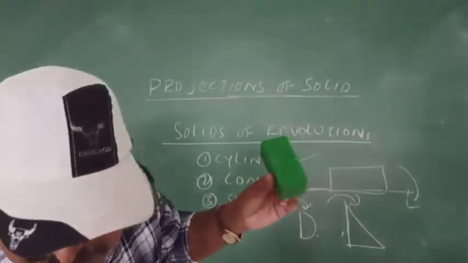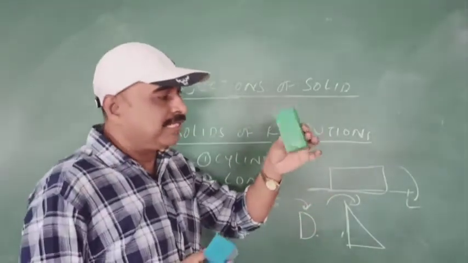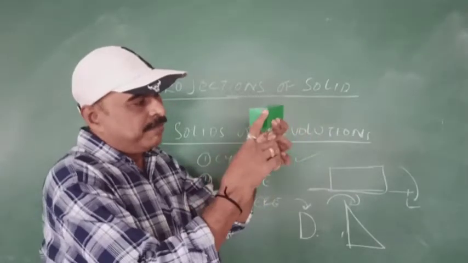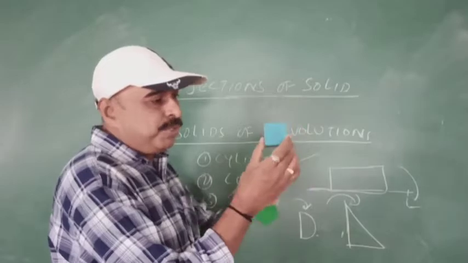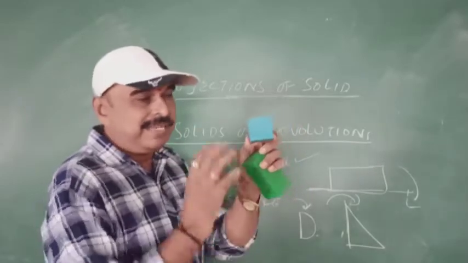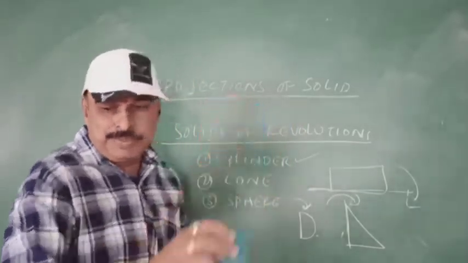You see the difference between the cube and square prism. In the square prism, there is a square base, but the height is different. Whereas in the cube, all the faces are squares of equal sizes, that is cube.